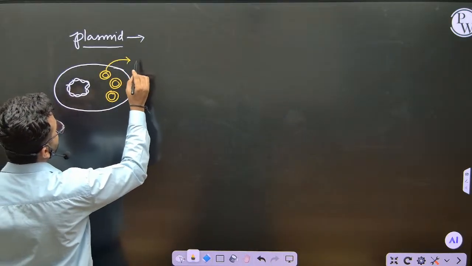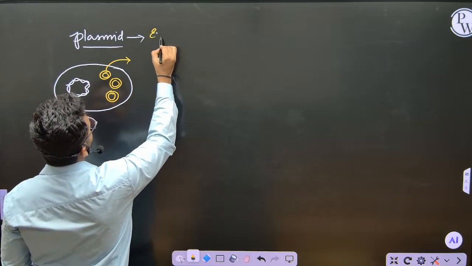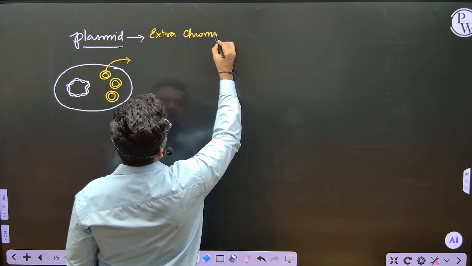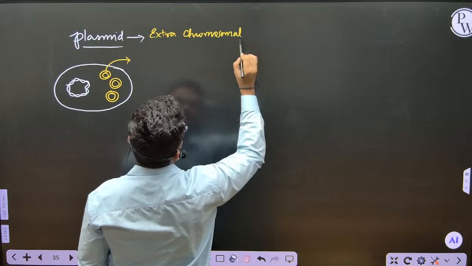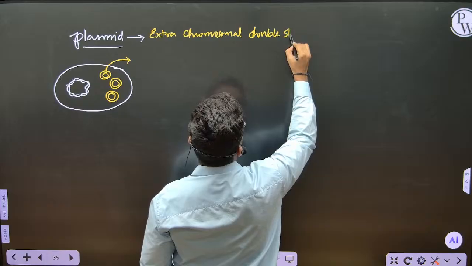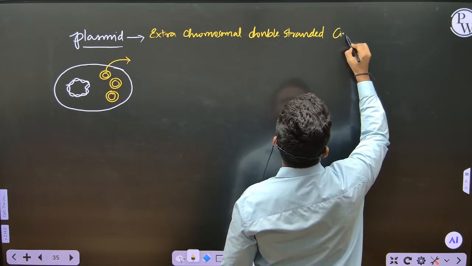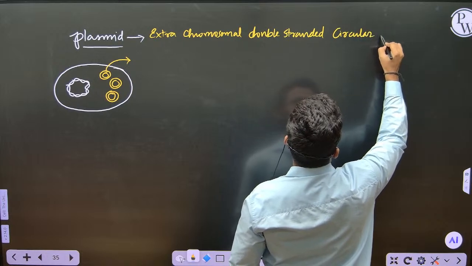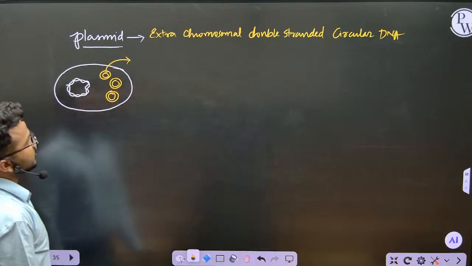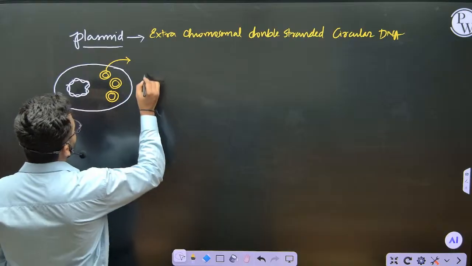So the plasmids are extra chromosomal double stranded circular DNA. We call these plasmids here.